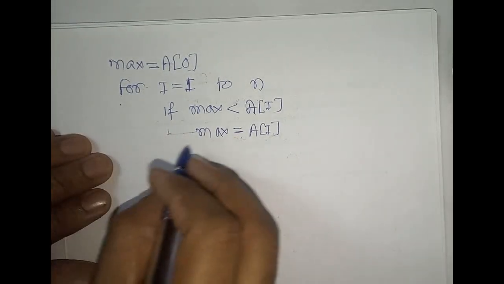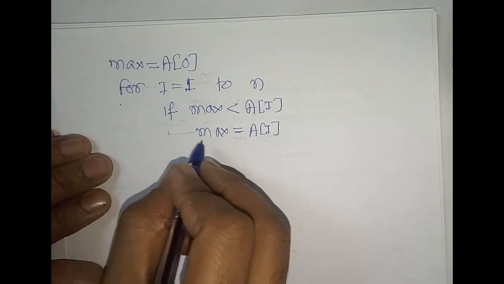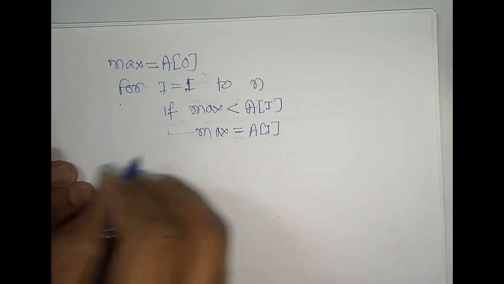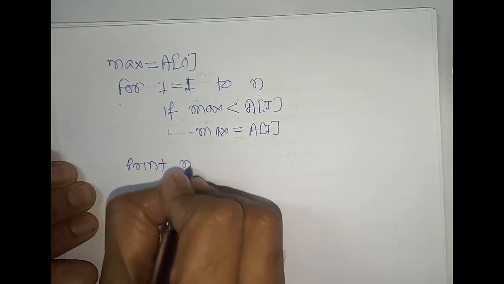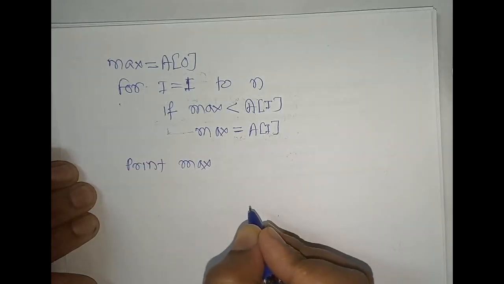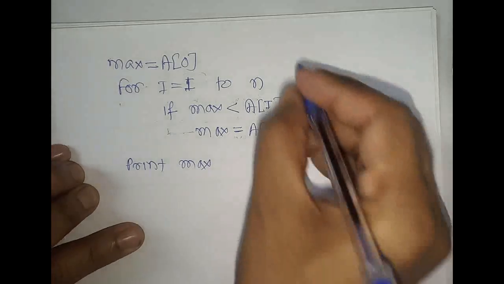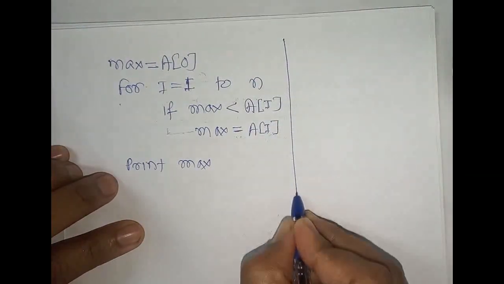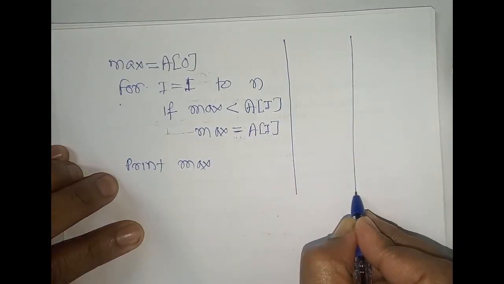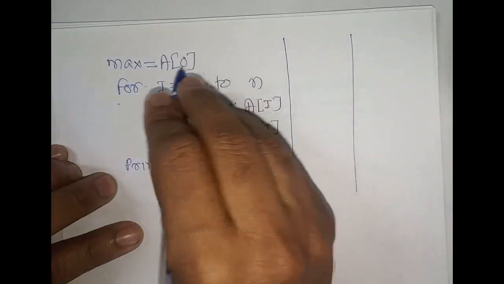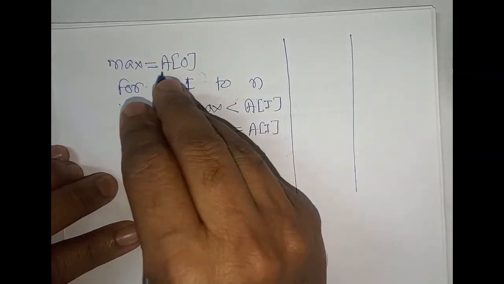Next we can print this. After running of this loop we will get the maximum number, and next we can print this maximum number, like print max. Now we can analyze the runtime of the algorithm. For analyzing the running time of an algorithm, we have to first consider the cost of execution of each statement.